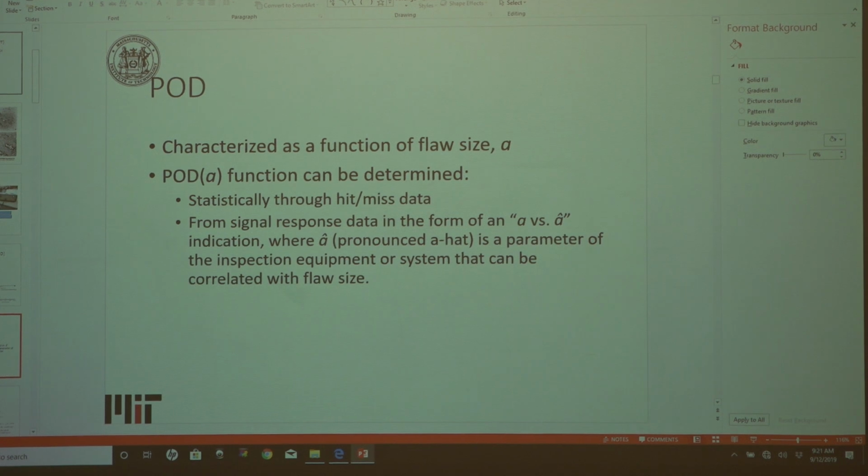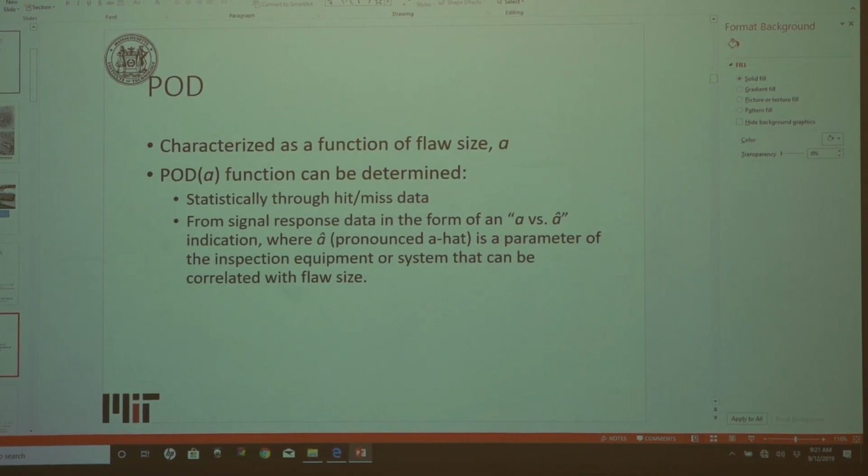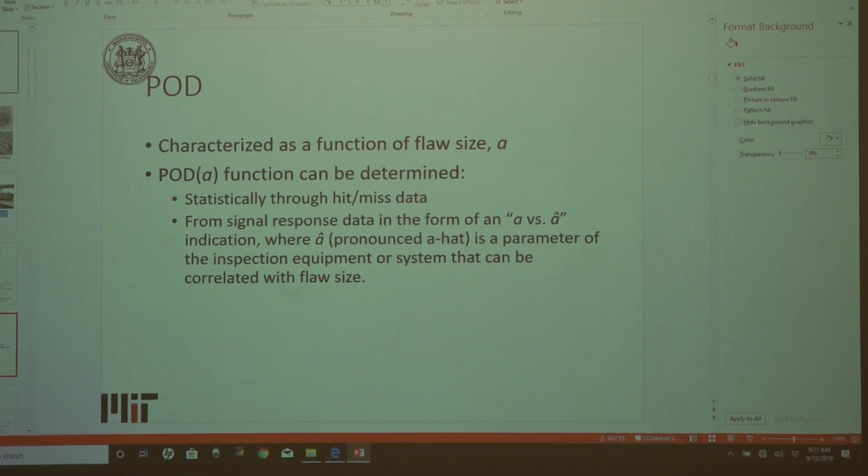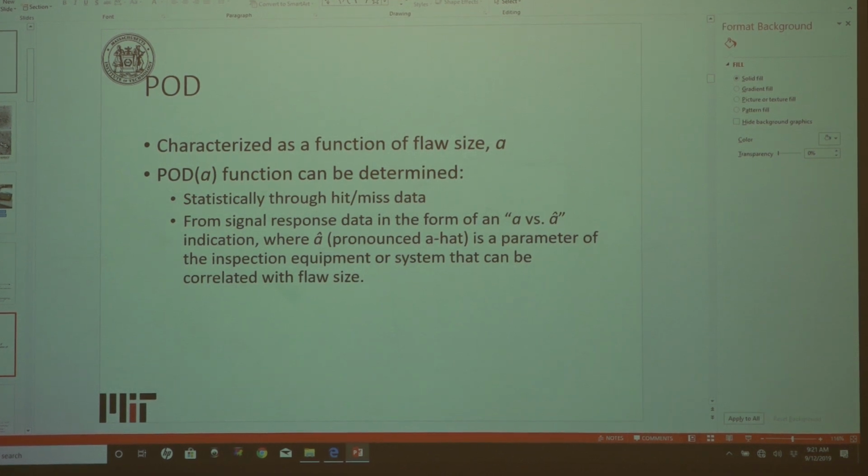The calibration of the equipment, as well as the quality level of the inspector doing the test and the reliability of the system you're using, come into play when you're doing what's referred to as the A versus A hat test.